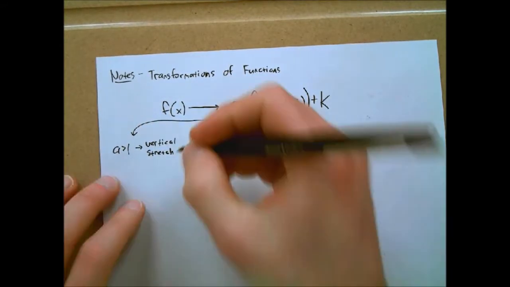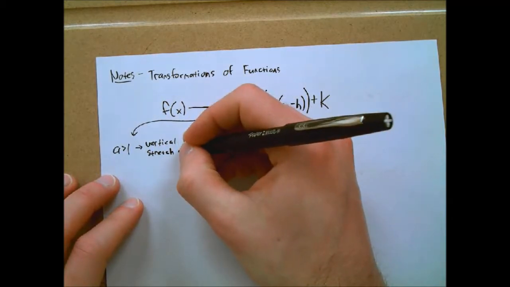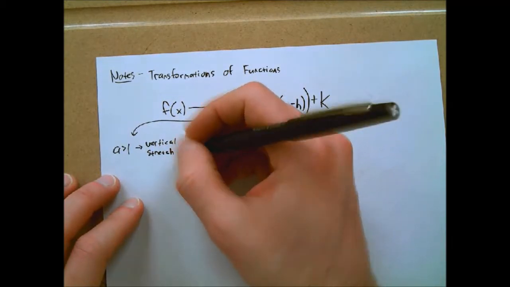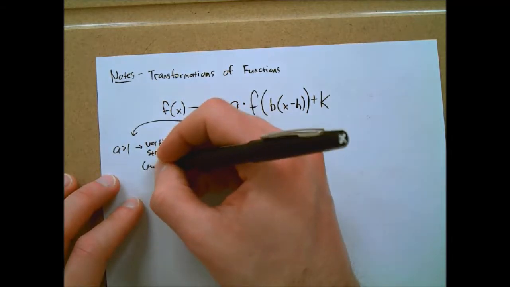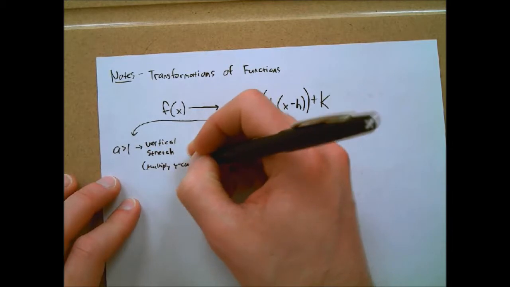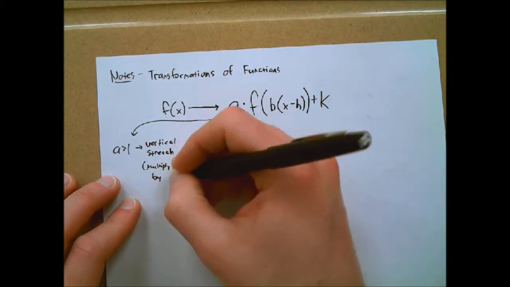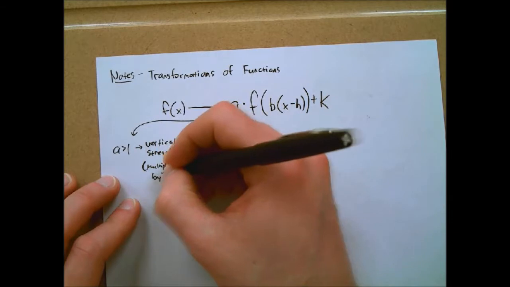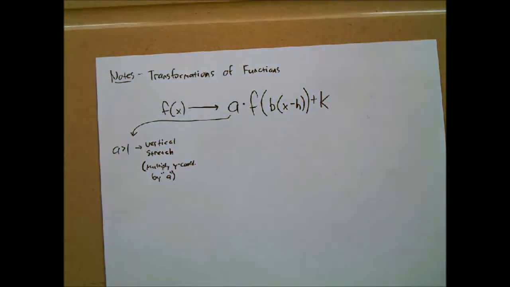And I'm going to put in parentheses here, multiply y coordinates by A. So in other words, what the vertical stretch does is it takes your original y coordinates and multiplies them by A. So if the original function had a maximum of 2, then if you stretch it by a factor of A, it'll be 2 times A. It'll be whatever that A number is.